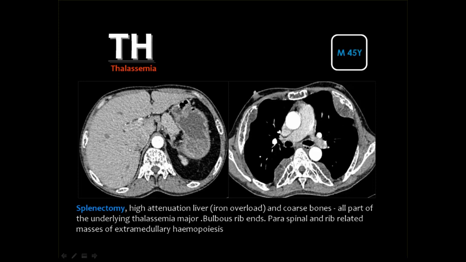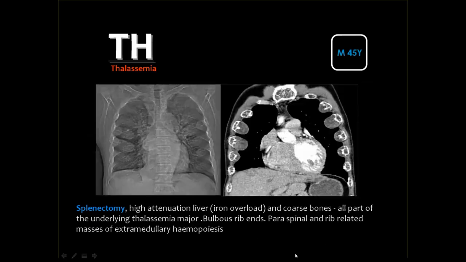The density of the liver is significantly elevated due to the iron deposition in the liver. There is bone marrow hyperplasia with expansion of the ribs, and there are multiple extraosseous soft tissue components representing the extramedullary hematopoiesis.